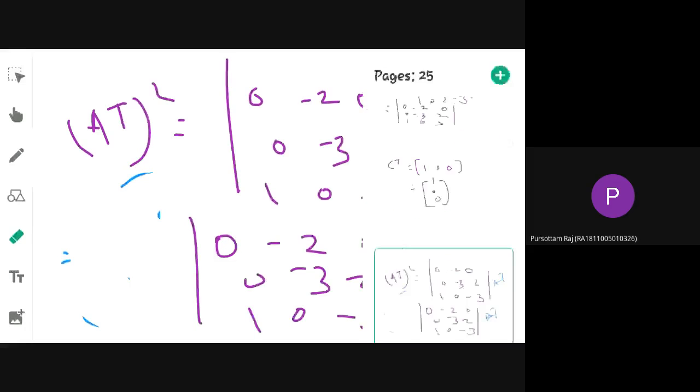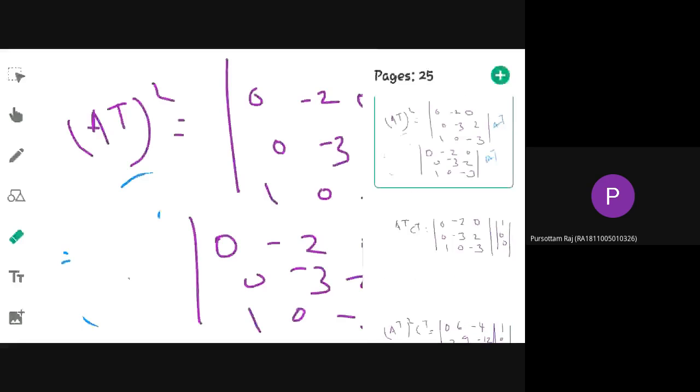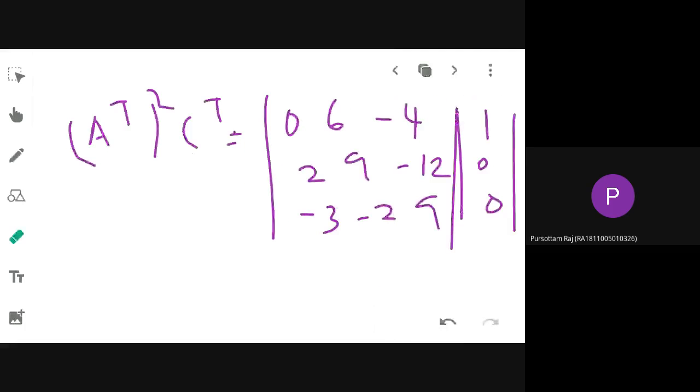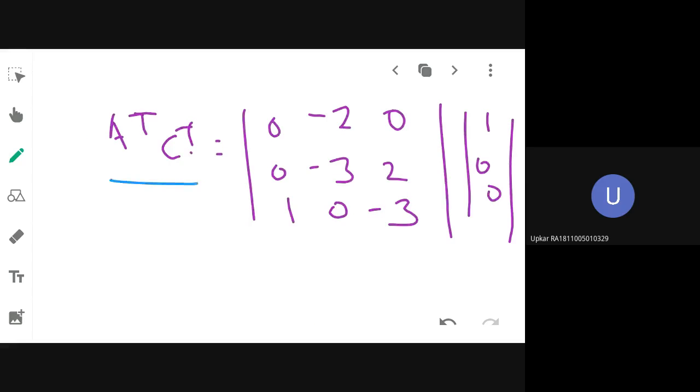I will show you the answer. Have you got this answer for A transpose squared? Yes, ma'am. Okay, then you have to multiply A transpose square with C transpose and tell me the answer. Similarly, A transpose C transpose, you have to multiply and tell me the answer. What is this answer, you tell me?